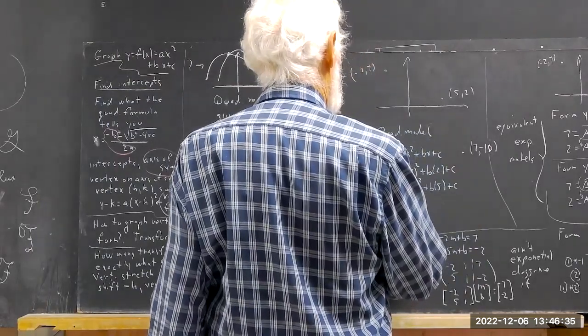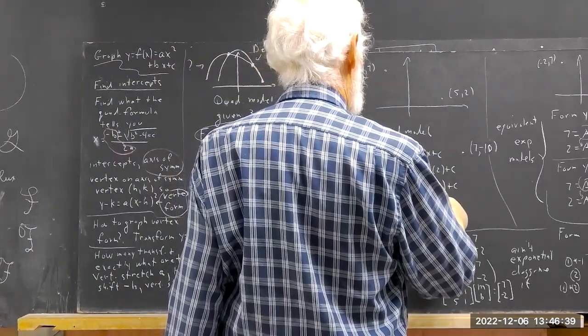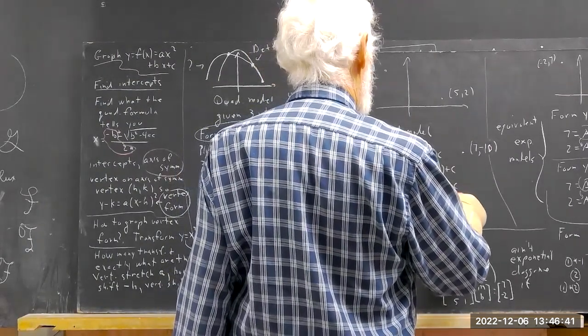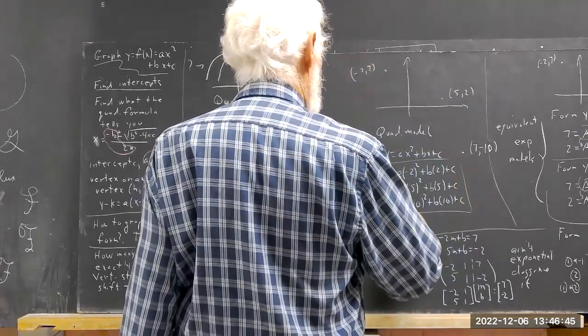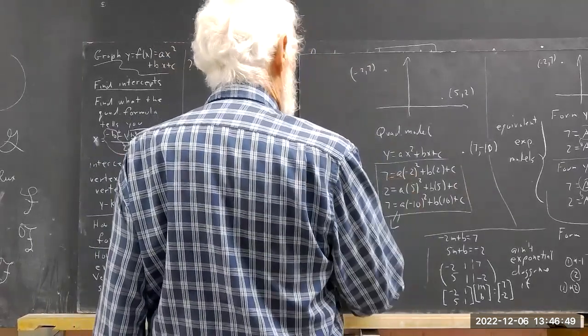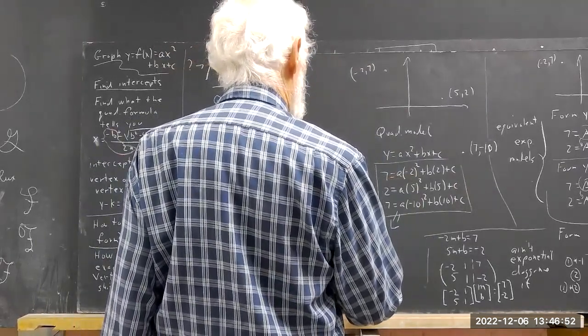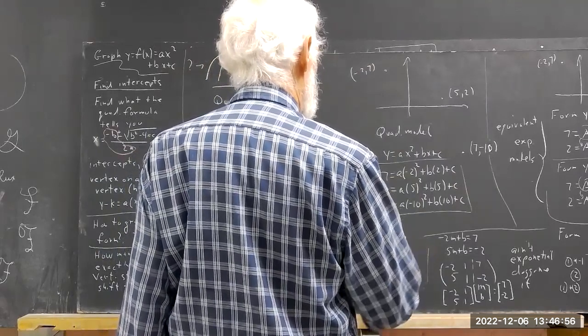Well, here are our 3 equations. Now we're going to write this out, then, as negative 2 squared is 4. We're going to write 4a plus 2b plus c equals 7.